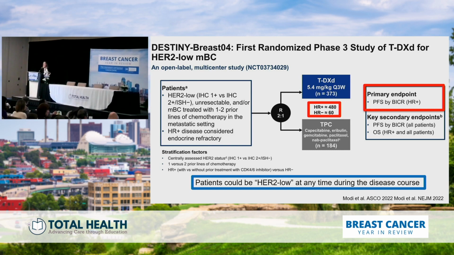What's notable about this study is that patients could be deemed HER2 low at any point in the time course of their disease. It could have been on the early stage diagnosis, it could have been before the first line therapy, at any point during the course of their disease. If they were deemed HER2 low, they could participate.